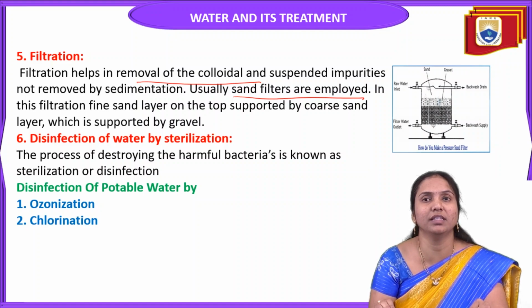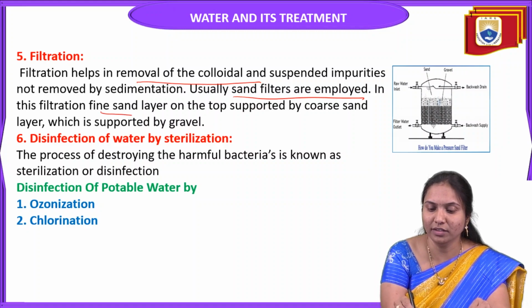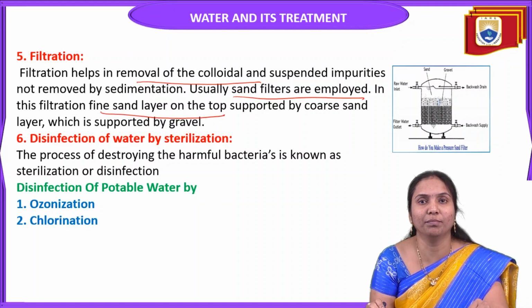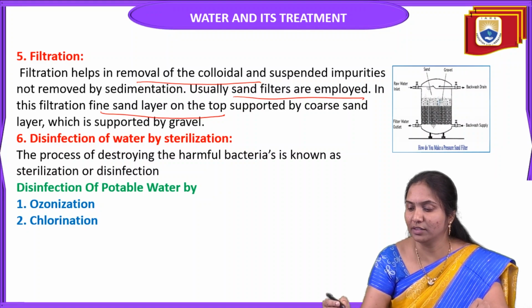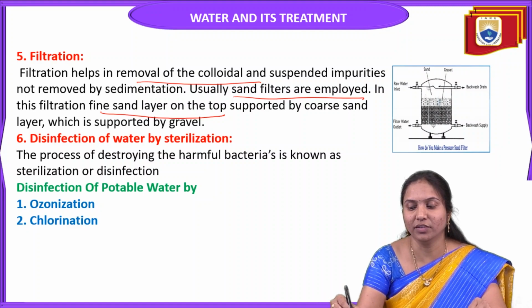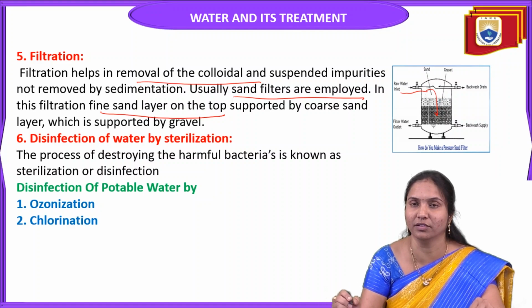In this filtration, a fine sand layer on the top is supported by a coarse sand layer, which is supported by gravel. For example, see this sand filter. When the raw water is passed into these filters, it contains a sand bed, that means sand layers, coarse layers, gravel layers, different layers present in this filter.